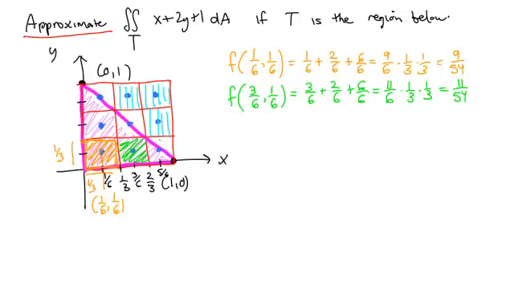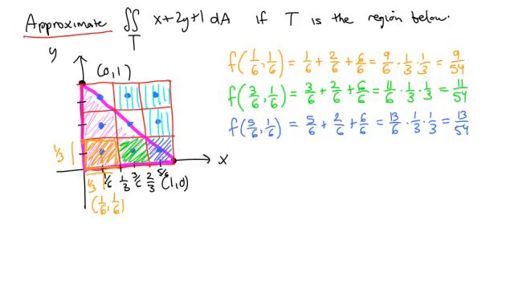If I were to go to this point right here, now granted, the whole region isn't inside of this particular rectangle, but the sample point was, and so we're still going to use this whole square to approximate area. So this was the point 5/6, 1/6. We plug that into the function because it is in the region we're integrating. We're going to get 5/6 plus 2 times 1/6, which is 2/6, plus 1, which is 6/6, and that will get me 13/6 as the height above this particular point, times the length times the width, or 13/54.